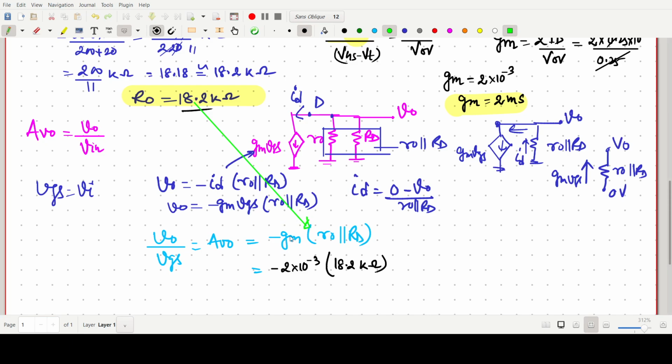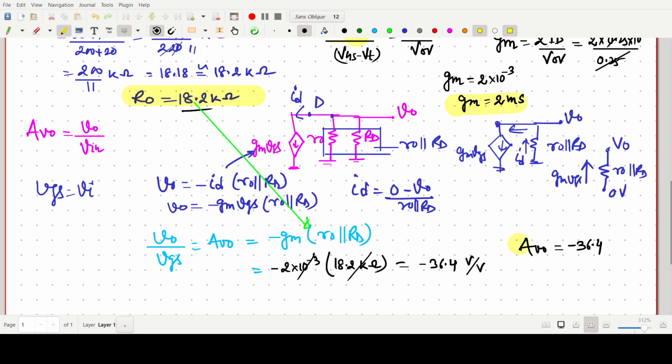So now it should be simply minus 36.4, and this one is 10 to the minus 3, so kilo, this should be cancelled out, so volt by volt. So AV0 will be minus 36.4. Okay, simply we can write like this.